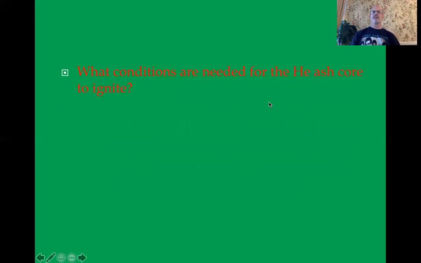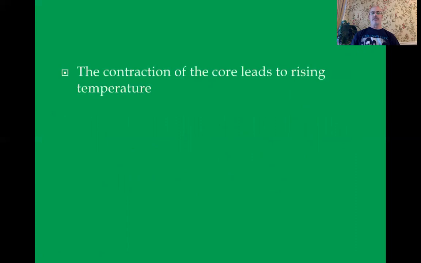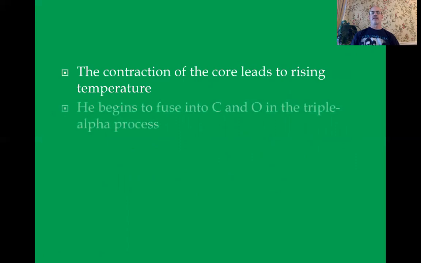So what conditions are needed for the helium ash core to ignite? Well, hotter temperatures. We mentioned that in order for helium to fuse, the temperatures have to be much greater. But eventually that can happen as the helium core gets larger and larger because of these additional shells of hydrogen fusing into helium. The temperature will rise, and you can get helium fusing into carbon and oxygen in what they call the triple alpha process.